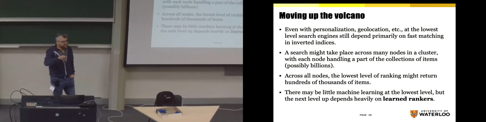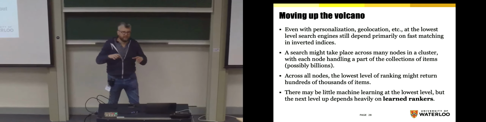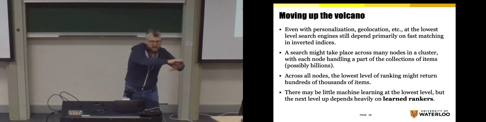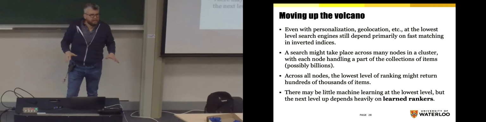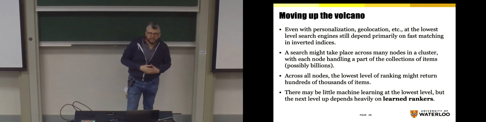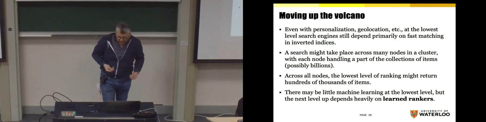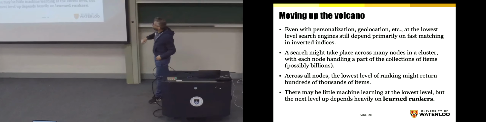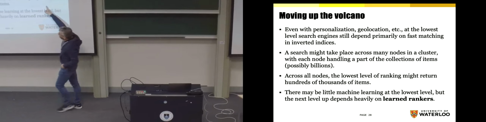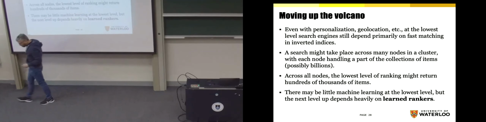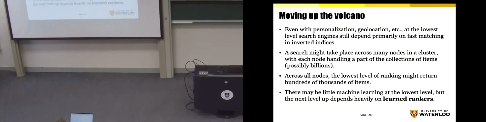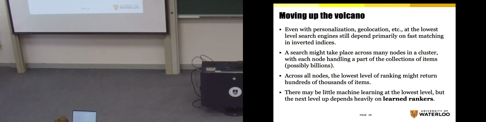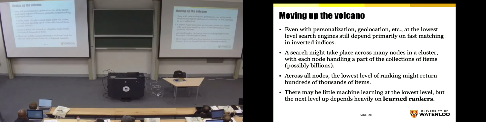What you do in the lab today happens on one machine. But because there's so much data, it is spread over hundreds of machines, and they all index part of the collection. So that search gets handled by a bunch of those machines, and that will get hundreds or thousands of items, depending on the query and the environment, might even be hundreds of thousands.